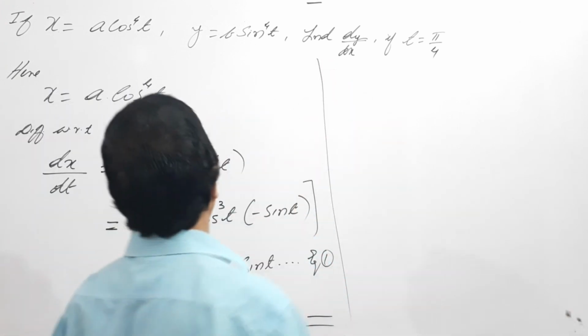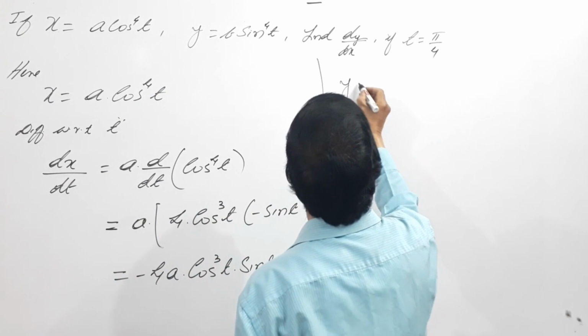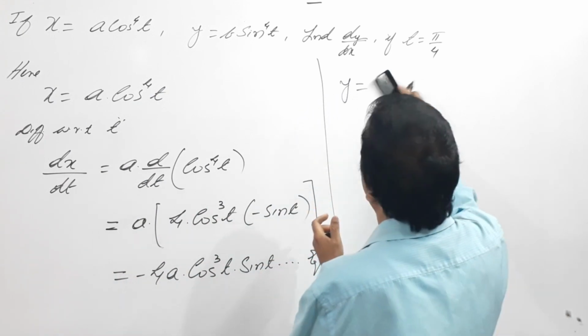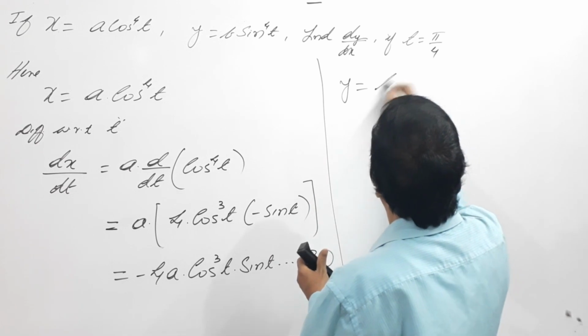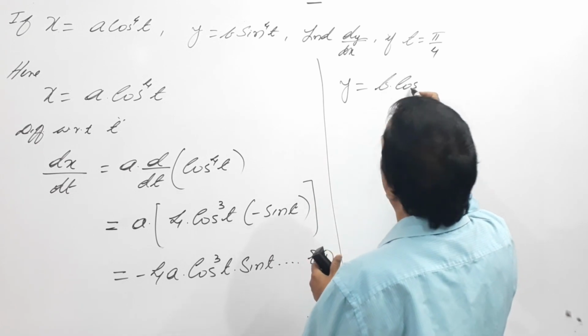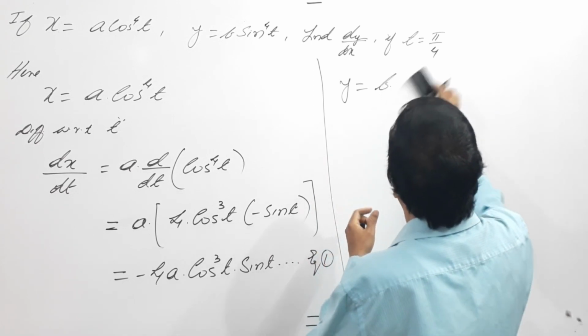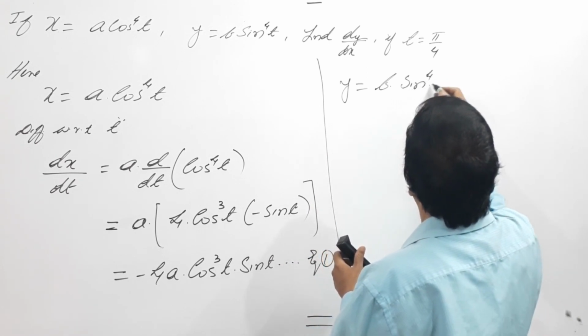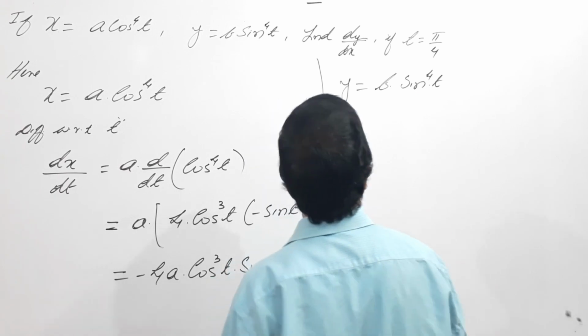So now y equals b sin to the power of 4 t.